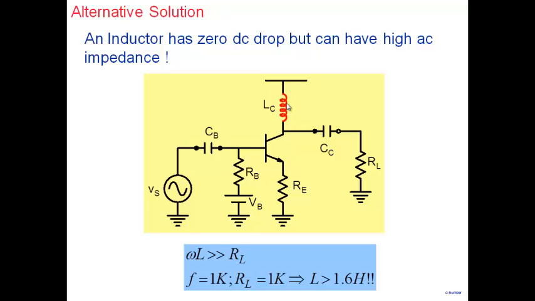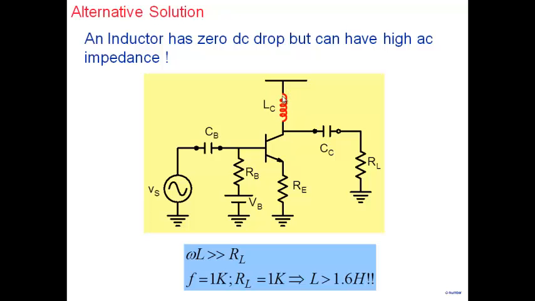If I take my RC out and I put an inductor here, the DC drop across the inductor is zero. And if I choose my inductor properly, its impedance is omega L, and omega L may be much larger than RL. So if I choose omega L much larger than RL, then that also satisfies my need.